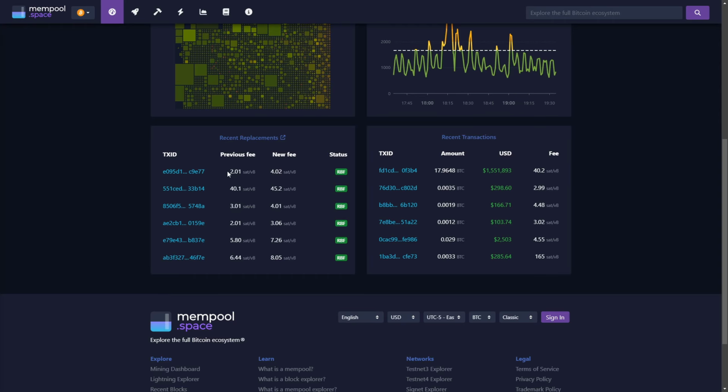So instead, you can replace the old fee with the new fee. For example, this person replaced their old fee of 2 sats per vbyte with their new fee of 4 sats per vbyte. So roughly they doubled the fee. And pretty much all of these are just increasing the fee to ensure that they get in the next block.